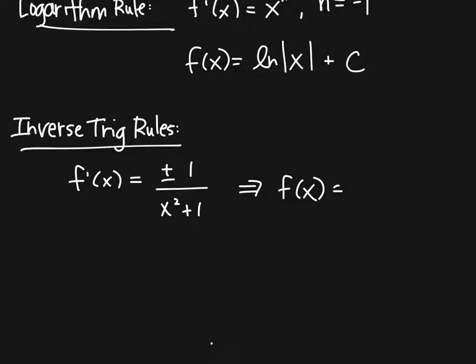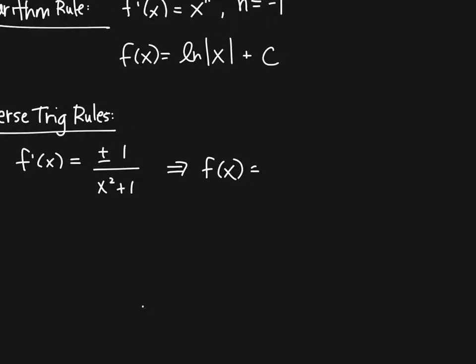Do you remember all your inverse trig rules? 1 over x squared plus 1 came from the derivative of the inverse tangent or the inverse cotangent, depending on if it was positive or negative. Those two go together. It's like, oh man, I haven't done that since October, and I have to remember what those are. So that's just going to be something that your brain is going to have to pull back out of its memory. I knew that derivative at one point in time, so now I just have to recognize that derivative that I knew before and pull it back.